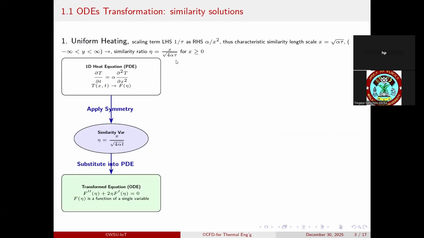Let's review the similarity transformation technique. These transformations enable the following manipulations. First, eliminating one of the independent variables, one or two.